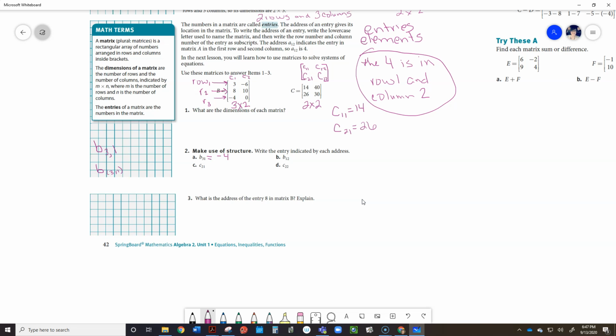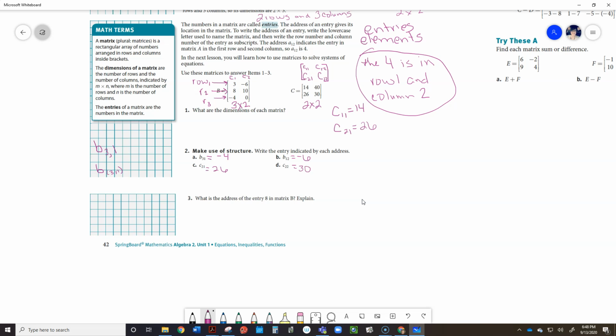So I believe that should be a -4. B1,2, first row, second column, that would be -6. C, second row, first column. Oh, we answered that one right there. That was 26. And second row, second column, that's 30.